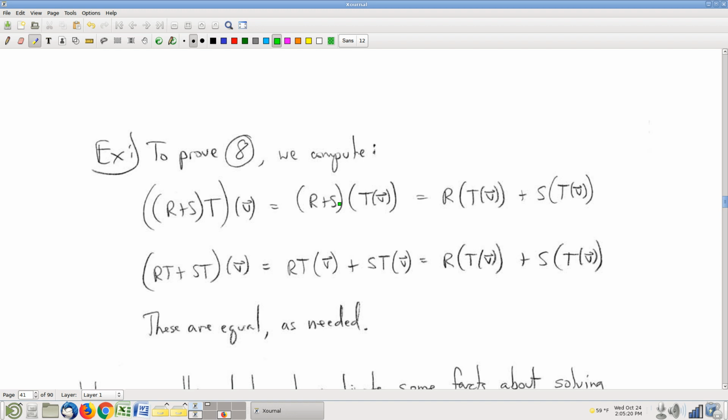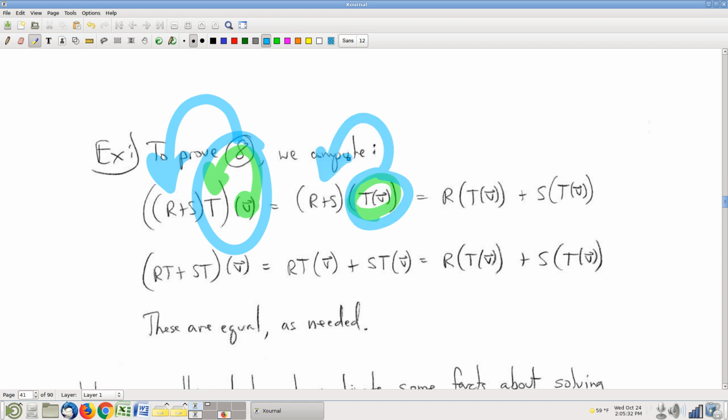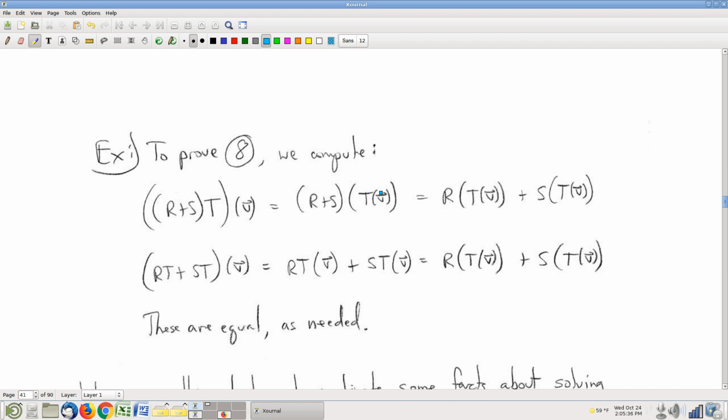V first goes into T, and whatever comes out, that then goes into R plus S. In other words, I'm doing this multiplication explicitly by composing those functions. That's straight out of the definition.